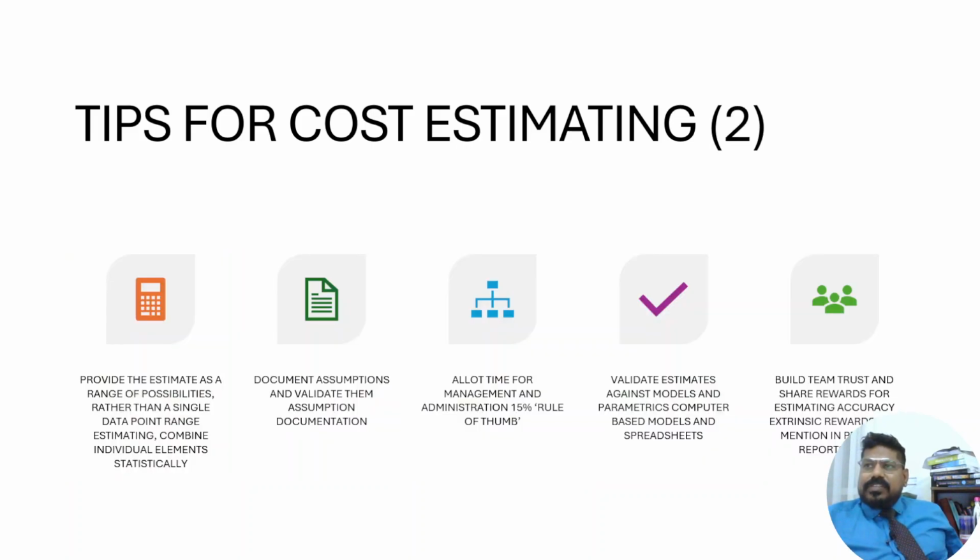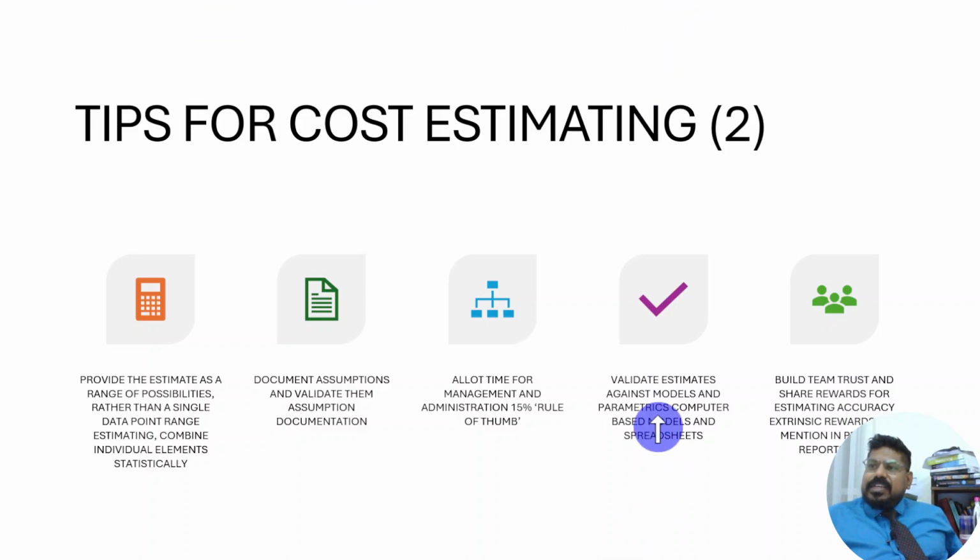Okay, tips for cost estimations. Provide the estimates as a range of possibilities rather than a single data point. Range estimating. Combine individual elements statistically. Document assumptions and validate these assumptions documentation. Allocate time for management and administration, 15% rule of thumb.